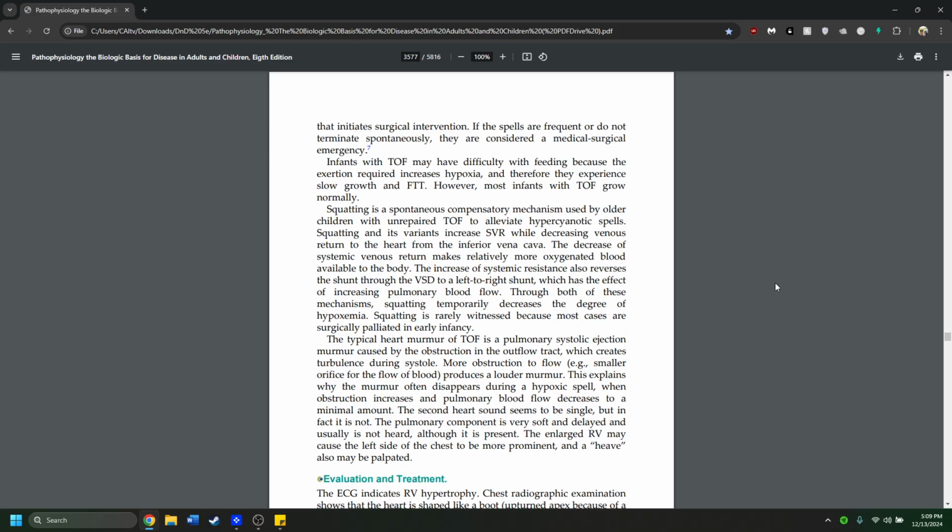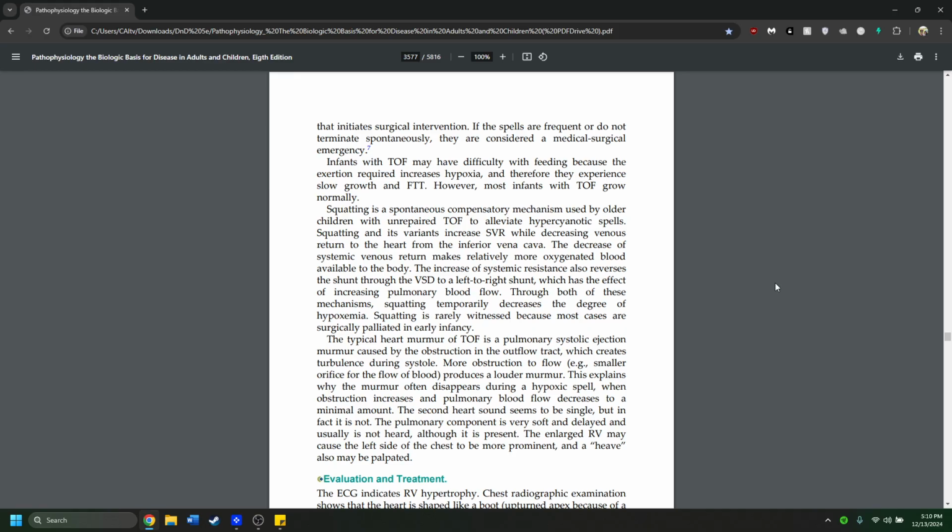Squatting is a spontaneous compensatory mechanism used by older children with unrepaired tetralogy of Fallot to alleviate hypercyanotic spells. Squatting and its variants increase SVR while decreasing venous return to the heart from the inferior vena cava. The decrease of systemic venous return makes relatively more oxygenated blood available to the body.